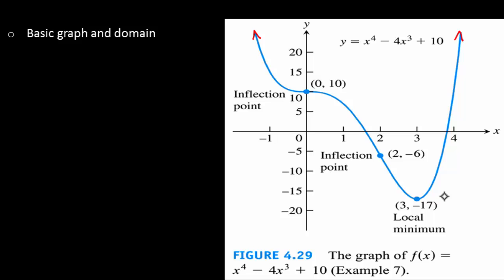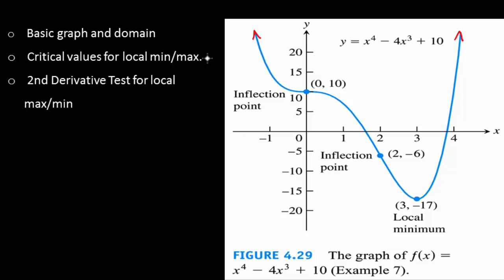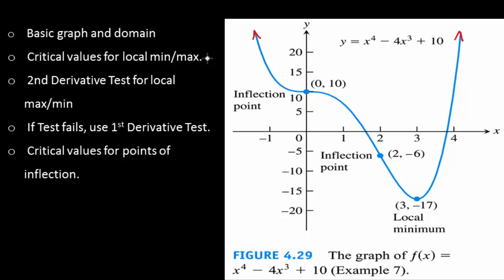So what did we look at? First, the basic graph was an x to the 4th. Then we looked at the critical values. I'm just summarizing what we did. Okay, and then we used the second derivative test for the local max or min. After that, if the second derivative test fails, use the first derivative test.